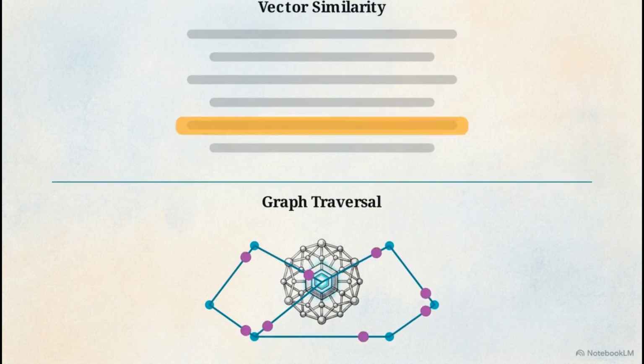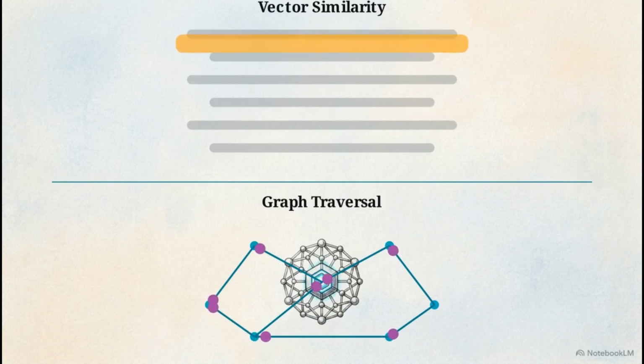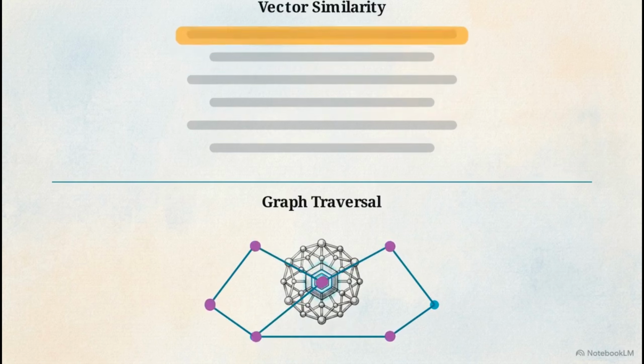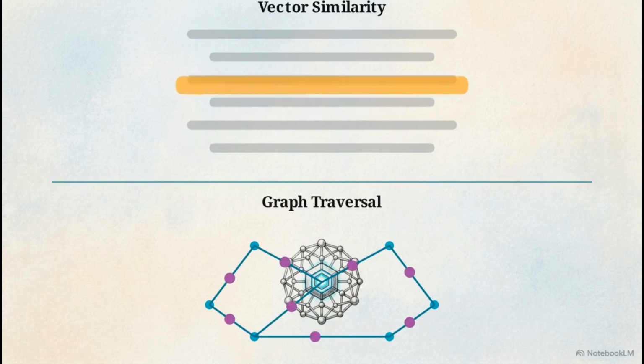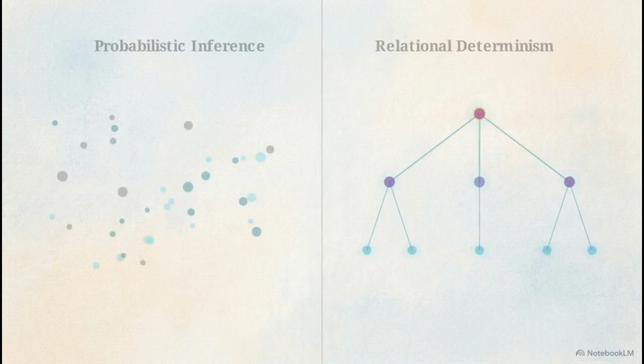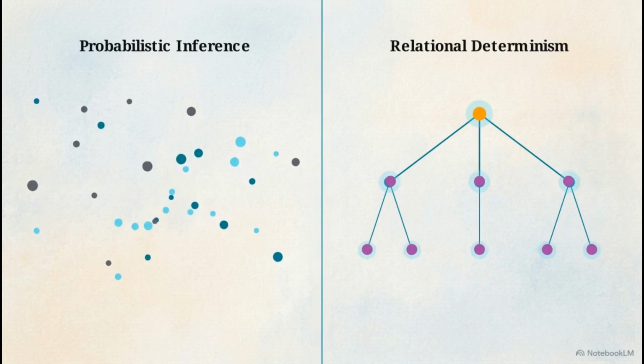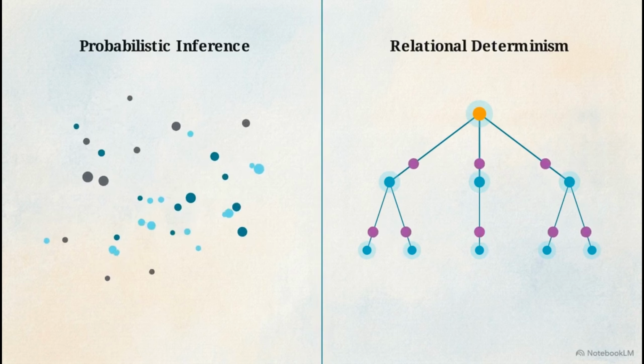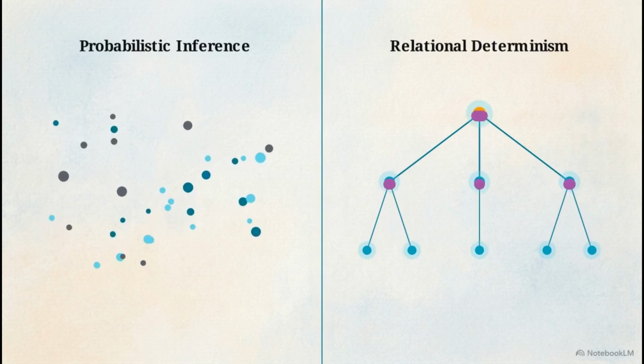Execution requires a dual-layer retrieval, fetching unstructured text via vector similarity while simultaneously traversing the graph to extract connected nodes. Comparing these methods highlights the superiority of relational logic for complex queries. GraphRAG replaces blind vector proximity with strict relational determinism.